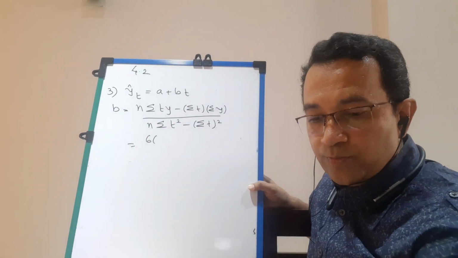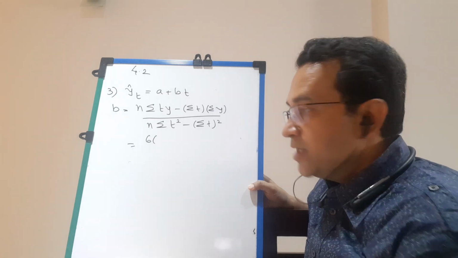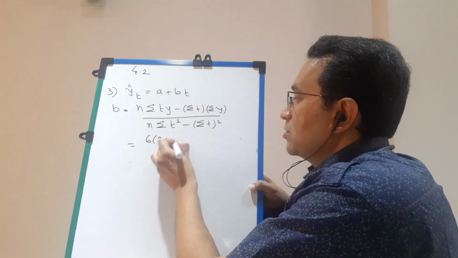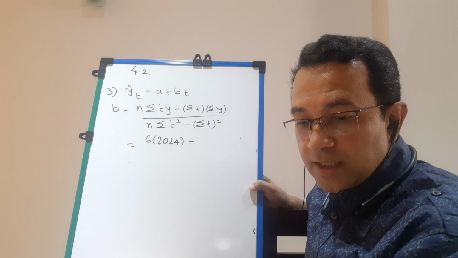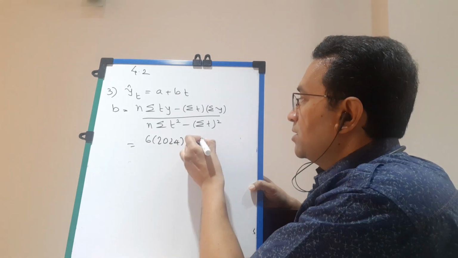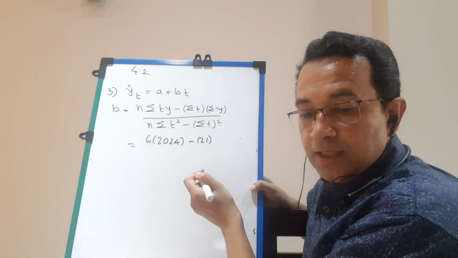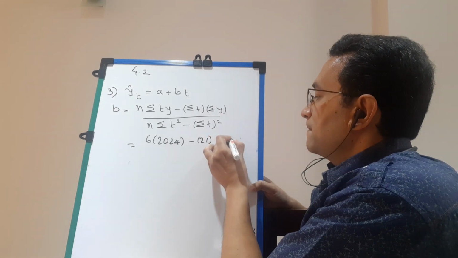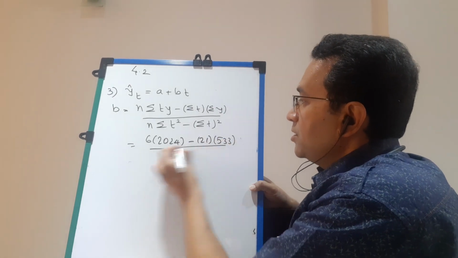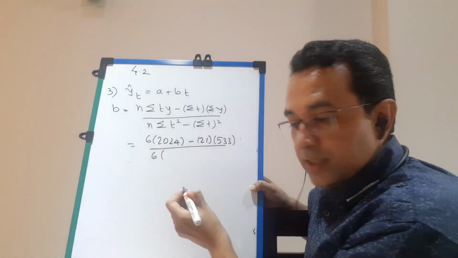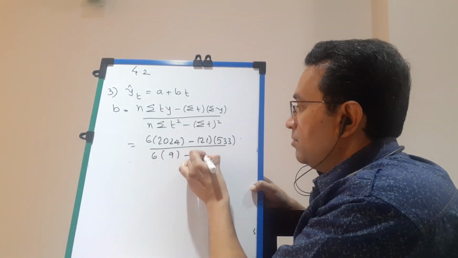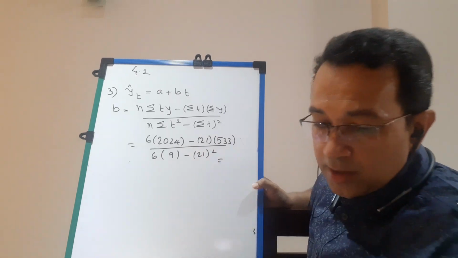So 6 into total of ty is 2024 minus sigma t is 21 and sigma y is 533, upon n into sigma t square. Total of t square is 91 minus sigma t the whole square.